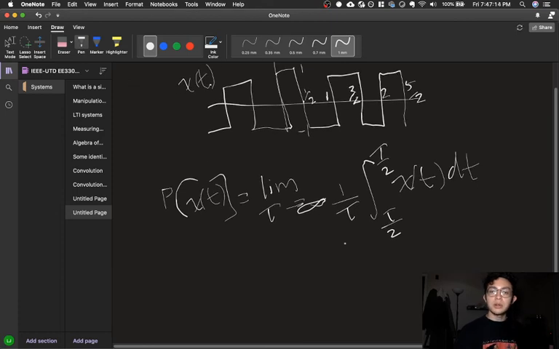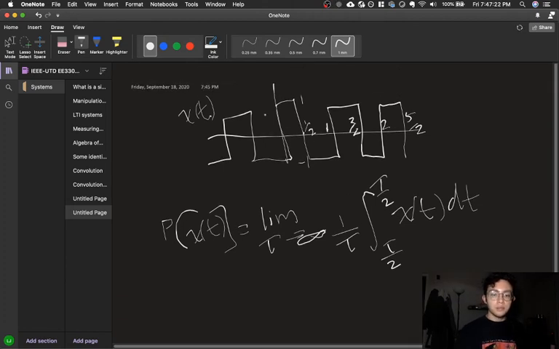When we take the power of a signal that is periodic, this average value will be the same if we take any subset of this periodic function. What this means is that we don't have to take t as it approaches infinity.